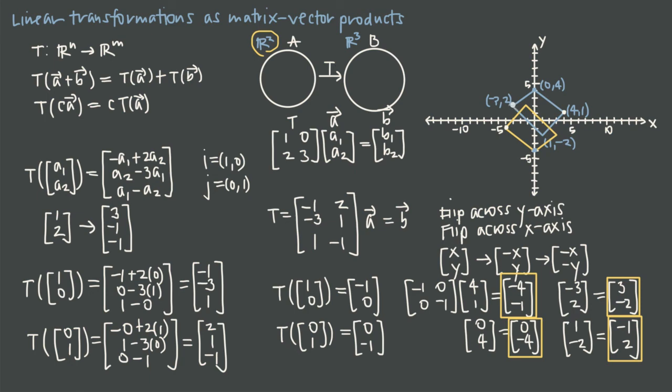When we reflect this point here, -3, 2, we get this point here, +3, -2. And when we reflect this point, which is 1, -2, we get a -1, +2. And that's where each of these points ends up after the linear transformation that we were able to express as these matrix vector products.